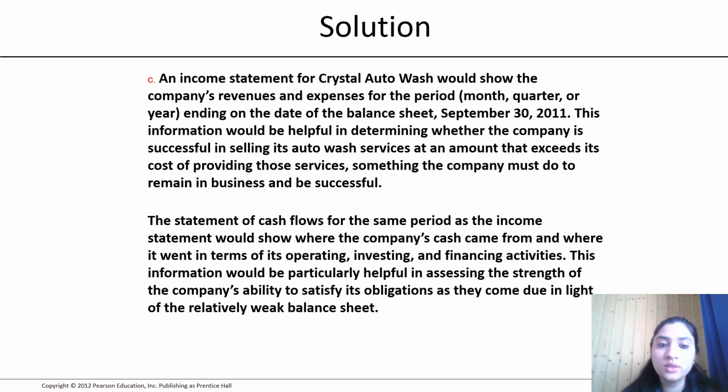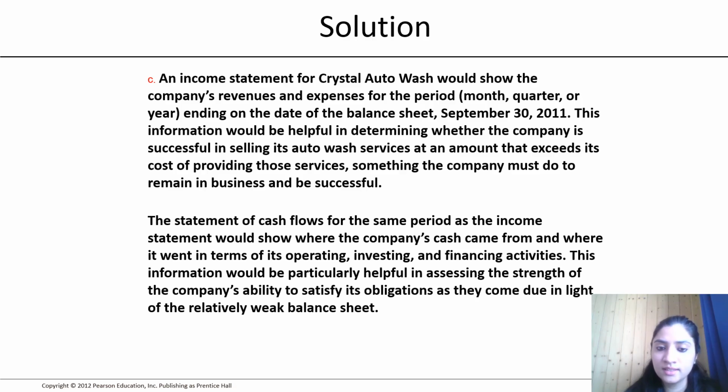So what can the income statement and cash flow statement explain about the financial position of the company? The income statement for Crystal Auto Wash would show the company's revenues and its expenses over a period of time. This information will tell us whether the company is gaining or losing. If their expenses are more than the sales, then it means they are facing a loss. But if the expenses are less than the revenues, then the company is successful and is making some business.